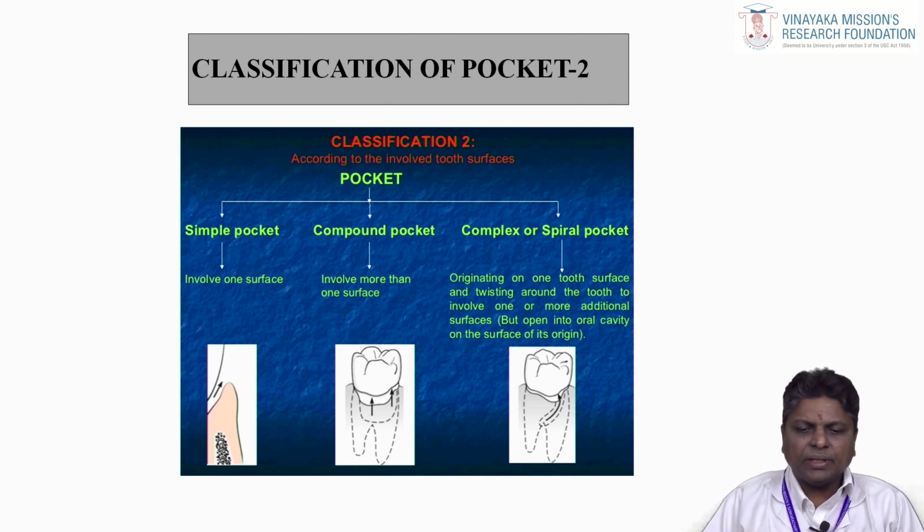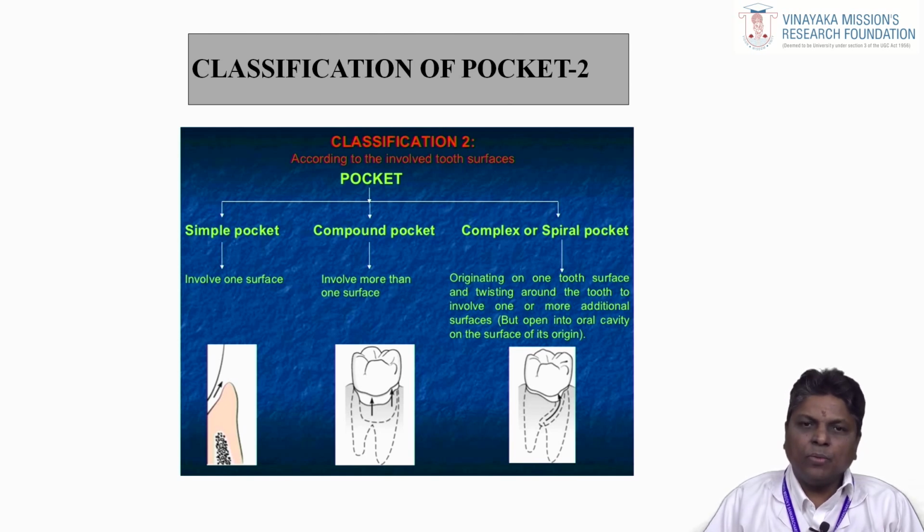Then, depending upon the surface area, we classify the pocket into simple pocket, compound pocket, and complex or spiral pocket. Simple pocket means it involves only one surface. You all know better than me that the tooth is surrounded by four walls of bone: the buccal or labial wall, the mesial wall and distal wall on either side, then the palatal wall in the upper and the lingual wall in the lower. So one surface, one wall, one area involved is a simple pocket.